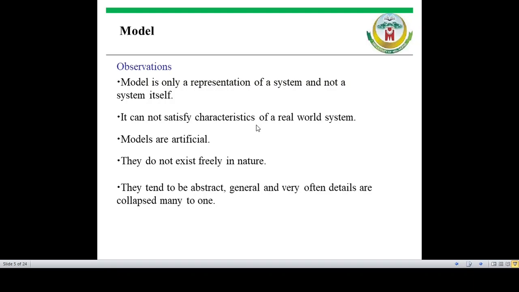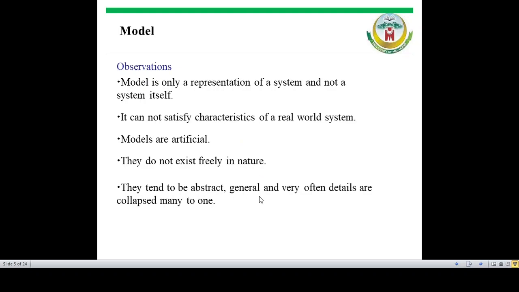This is the simplified form of the world, the globe map. So this represents the world, but it doesn't satisfy the characteristics. Okay, models are artificial, they don't exist freely in nature, and they tend to be abstract.